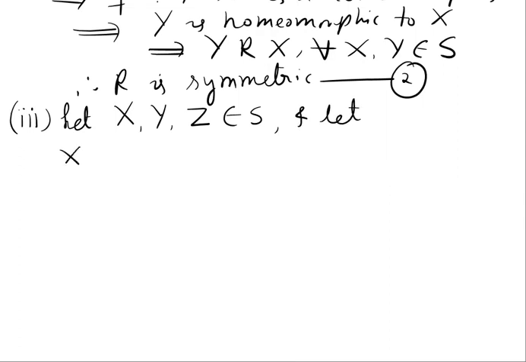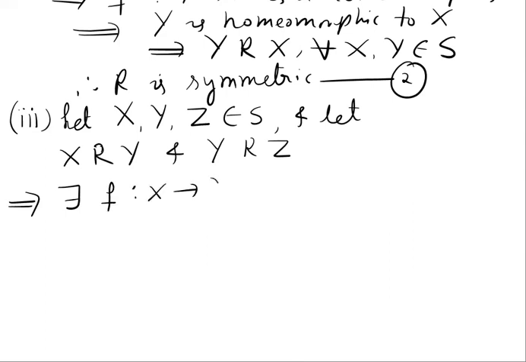Let X be related to Y, and Y be related to Z. That implies X is homeomorphic to Y and Y is homeomorphic to Z. So this implies there exists a function, we'll call it f, from X to Y, which is a homeomorphism.